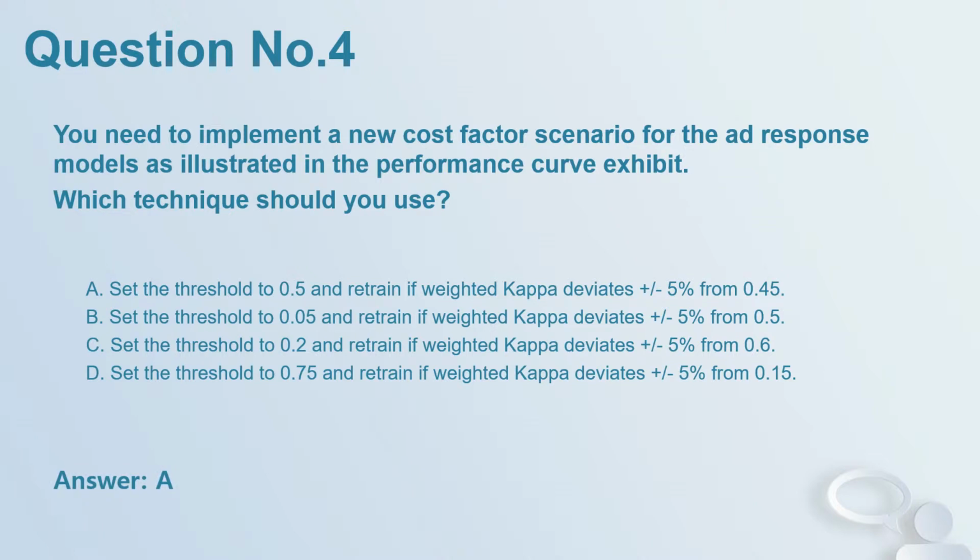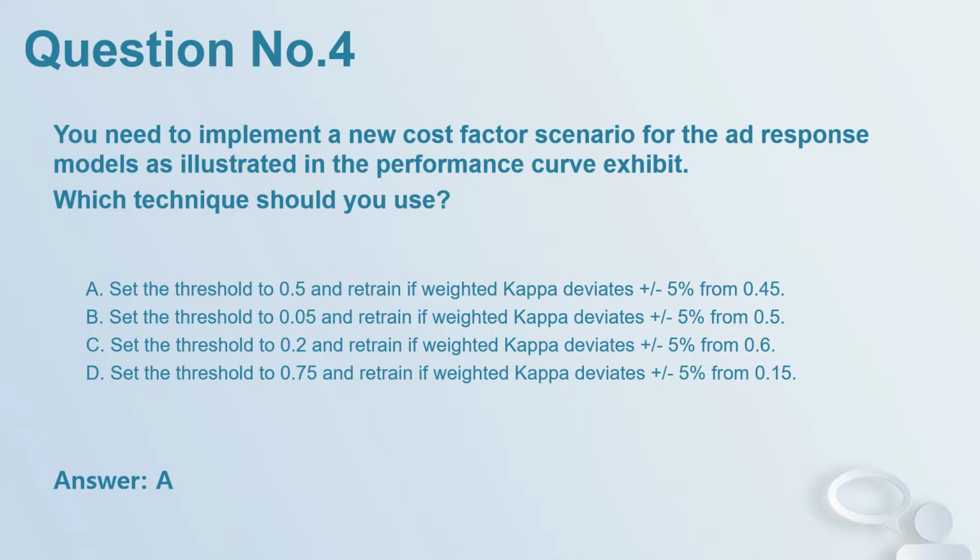Question number 4. You need to implement a new cost factor scenario for the ad response models as illustrated in the performance curve exhibit. Which technique should you use? A. Set the threshold to 0.5 and retrain if weighted kappa deviates plus or minus 5% from 0.45.